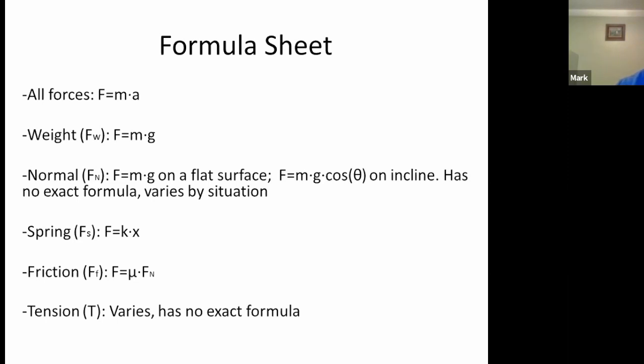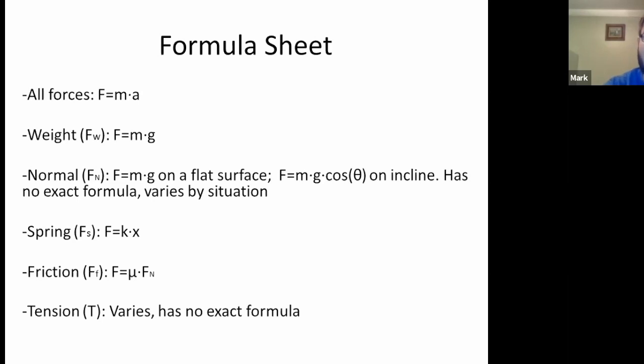Friction is equal to mu times Fn. Mu is just the constant, and different surfaces again have different mu's, and mu is this U looking letter. It's Greek. So ice would have a very, very low mu because there's little friction, whereas something like concrete has much higher mu, right?